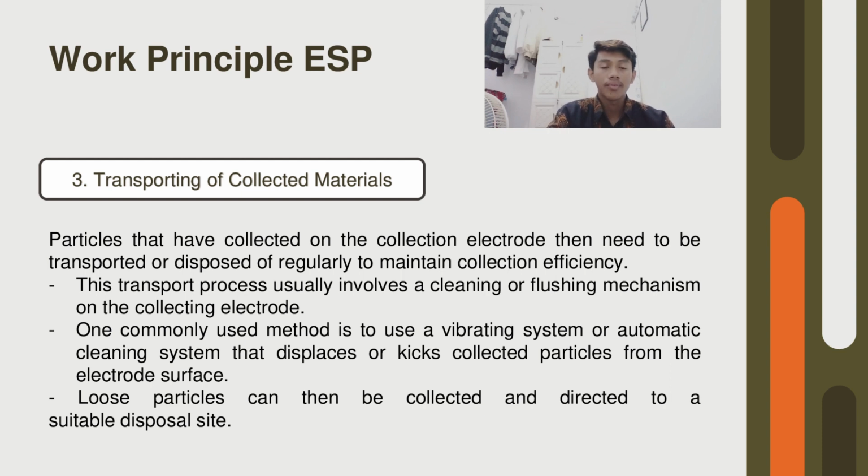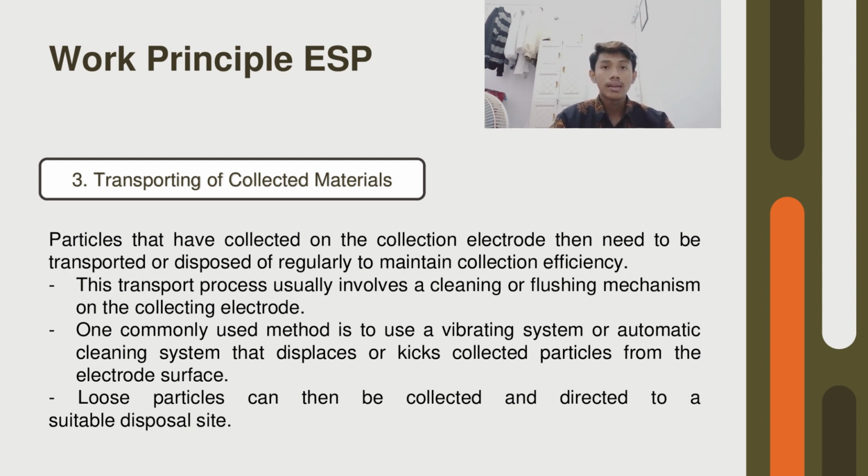Particles that have collected on the collection electrode then need to be transported or disposed of regularly to maintain collection efficiency. This transport process usually involves a cleaning or flushing mechanism on the collecting electrode.